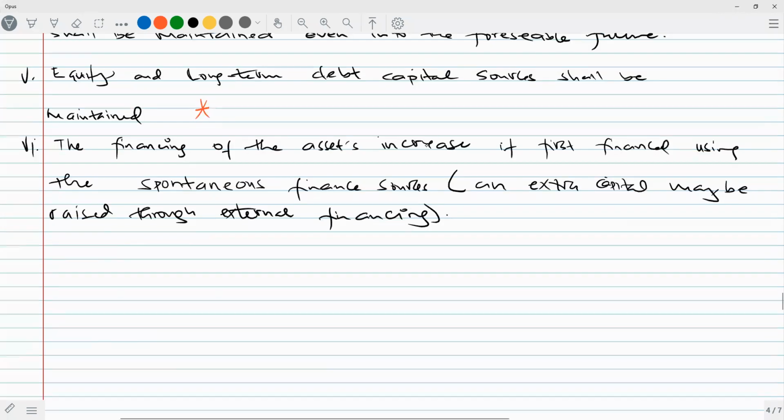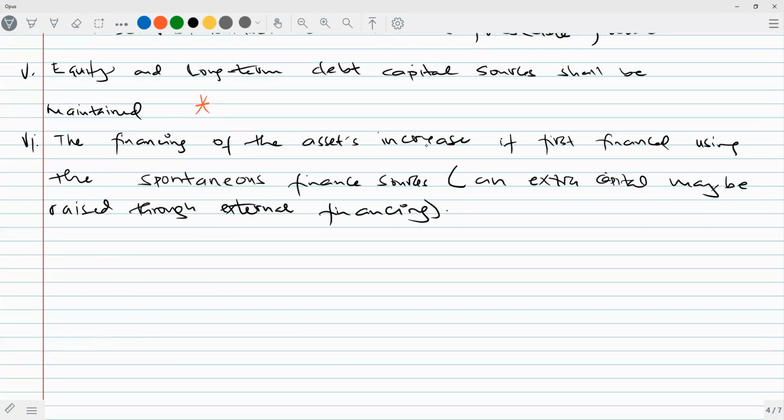Now, I would want us to do a question from your examiner on trying to determine the external finance required by the company based on an increase or a prospective increase in the company's sales.